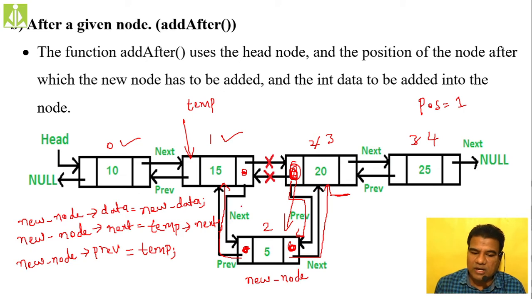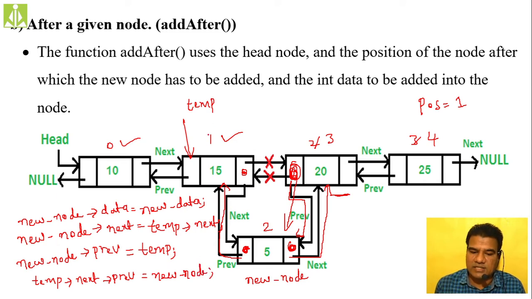So temp of next of previous. See, this is a very important statement. Temp of next of previous equals to new underscore node.